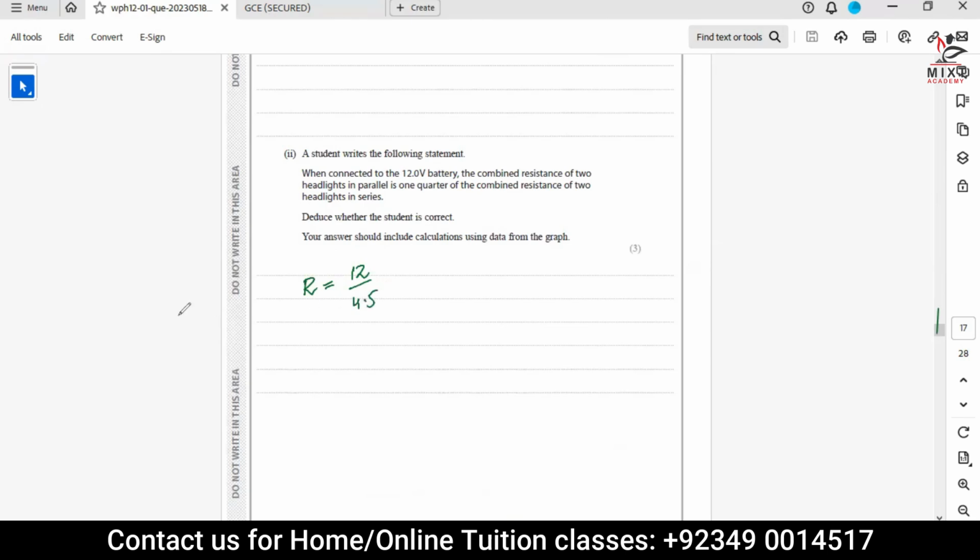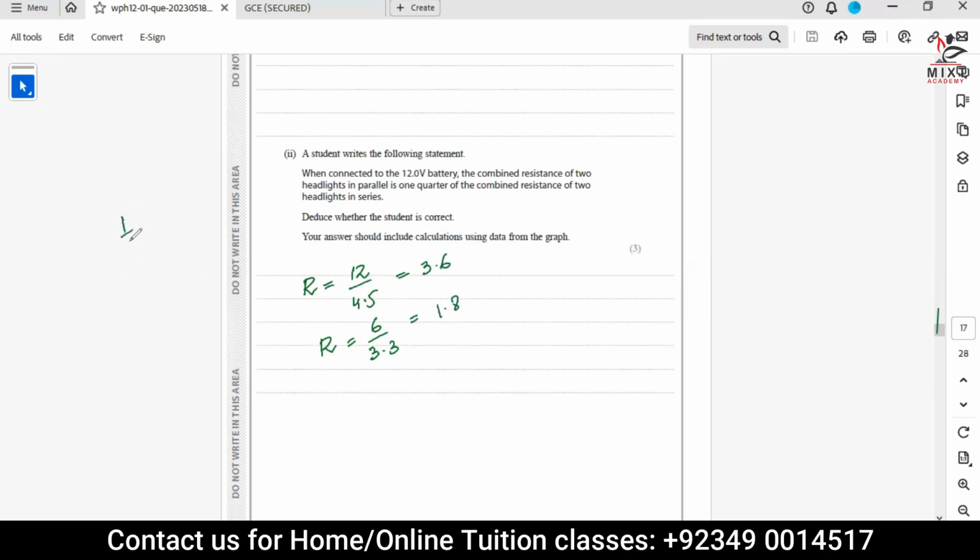What is the current now? What is the resistance now? 2.6. And calculate the resistance for this. 1.8.